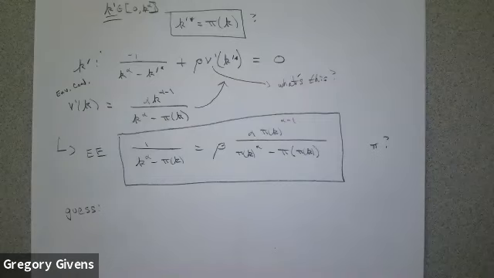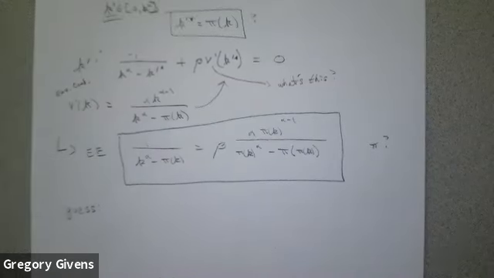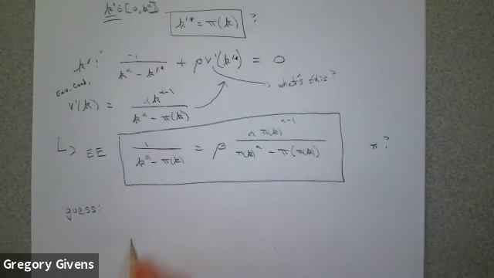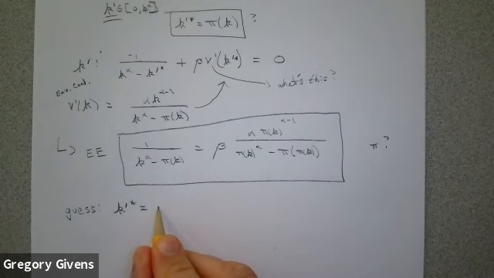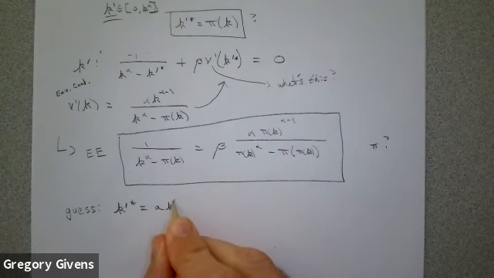The production function is k to the alpha, right? So I'm going to guess that k prime is going to take the following form. I'm going to guess that it's going to be equal to some unknown coefficient, let's call it a, times k to the alpha.